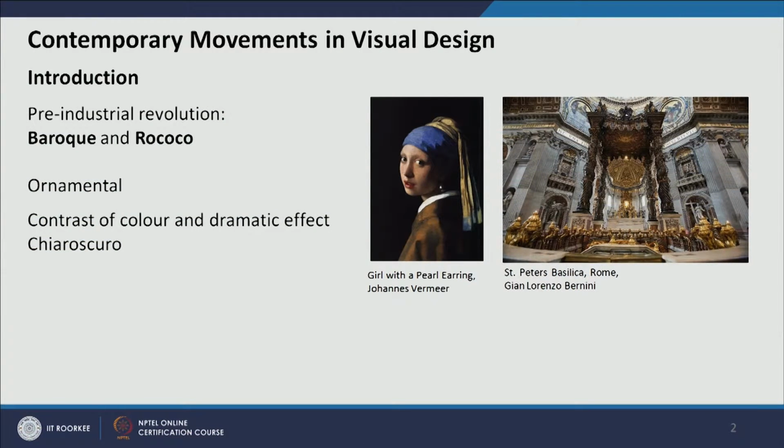Before the industrial revolution, art and architecture mostly had a perception of over-ornamentation. Baroque and Rococo were the styles going on, and art was mostly done in cathedrals and chapels. We can see these movements before the industrial revolution starting from Greek architecture, Roman architecture, then Gothic, and the Victorian style of art.